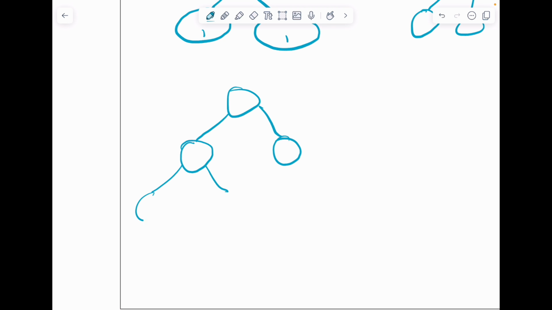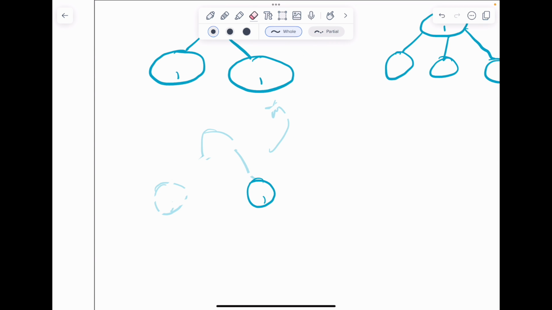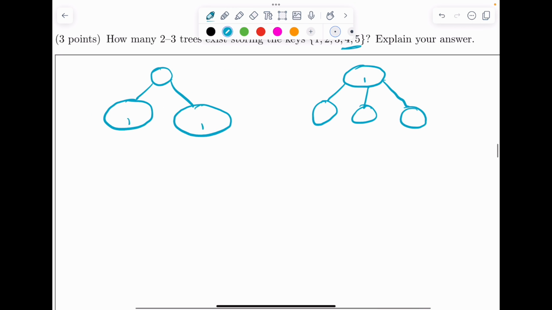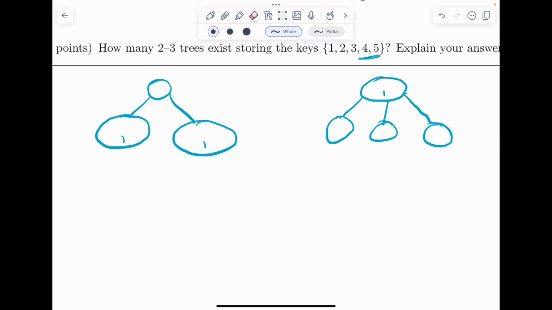We could do this where each has 1, but then this one doesn't have any and now it's unbalanced. Or we could revert back to what this is and have each child have 2 values. So this is really the only way this can happen. These 2 ways. We have one of these, and that's the only way it can happen.